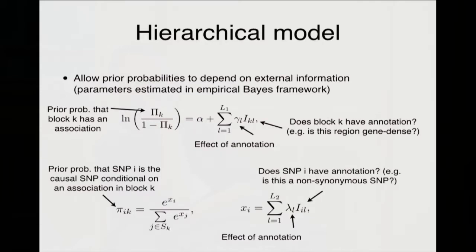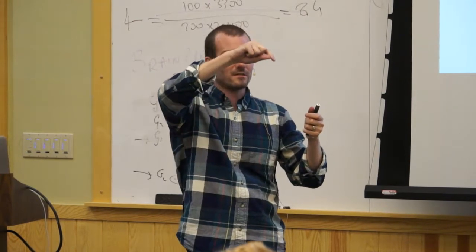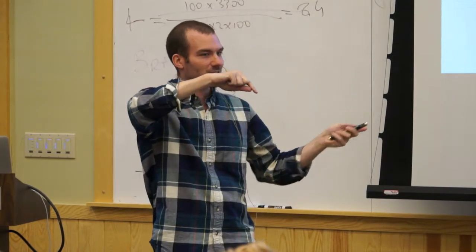And now, what's the prior probability that any SNP is a causal SNP? It has this functional form again, but again, it's going to depend on things. So now I've gone into this region. I say, this region of the genome has a SNP that influences the trait. Well, what's the probability that it's that individual SNP, or this individual SNP, or that individual SNP? And I can say, well, this is a non-synonymous SNP.